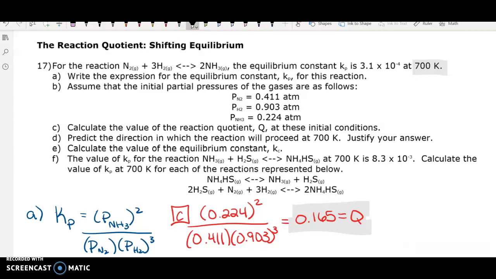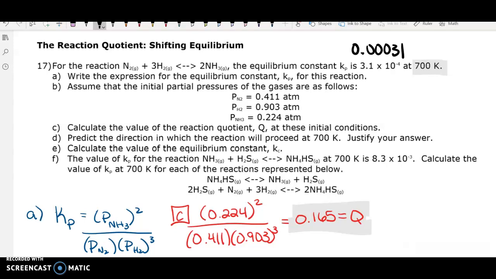It may help to un-scientific-notation our Kp value. Because that's 3.1 times 10 to the minus 4, that's going to be 0.00031 for our Kp as compared to our Q. Again, remember what I said here is that we want to compare our values in alphabetical order.